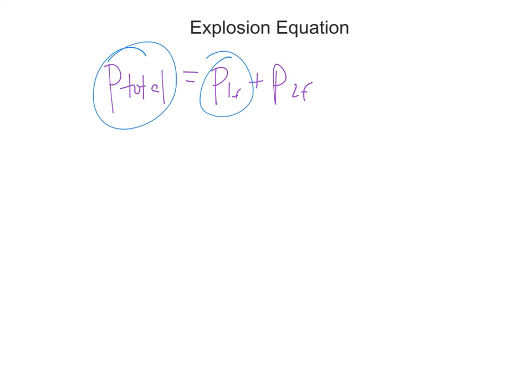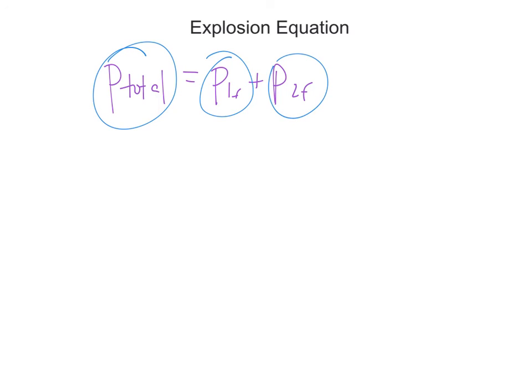The explosion equation is actually the exact flip of the inelastic. We start with the total momentum of the system of that first object, which will then equal the final momentum of object 1 plus the final momentum of object 2. If we want to simplify this, again, we can make these variables more detailed.